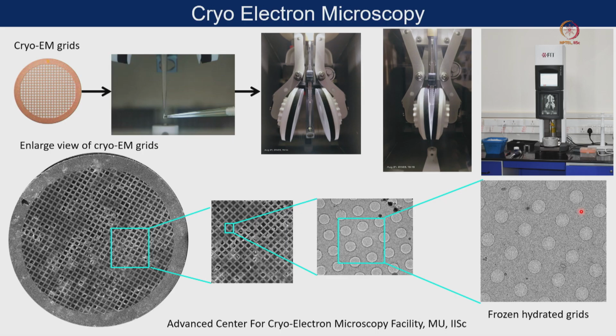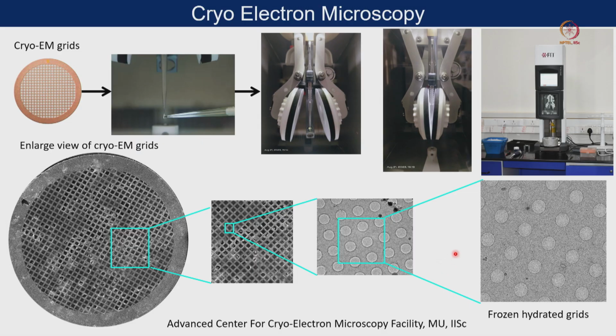So what is happening is there is a solution on top of your grid, and then we blot the extra buffer solution away, and this small amount of sample has proteins oriented at different orientations. It will not be a single orientation because everything is in solution in this particular hole, and when we quickly plunge into liquid ethane, everything is fixed.